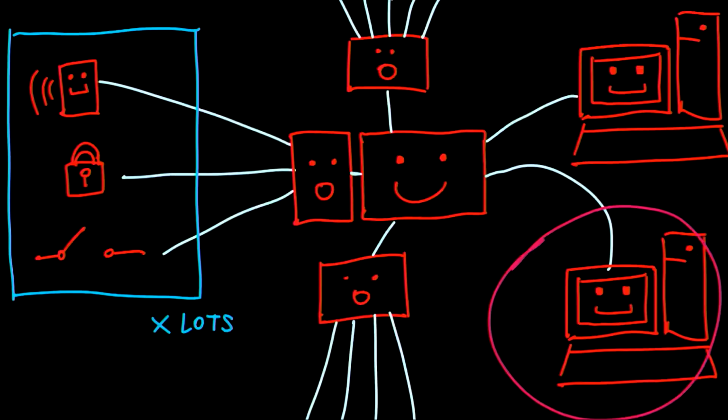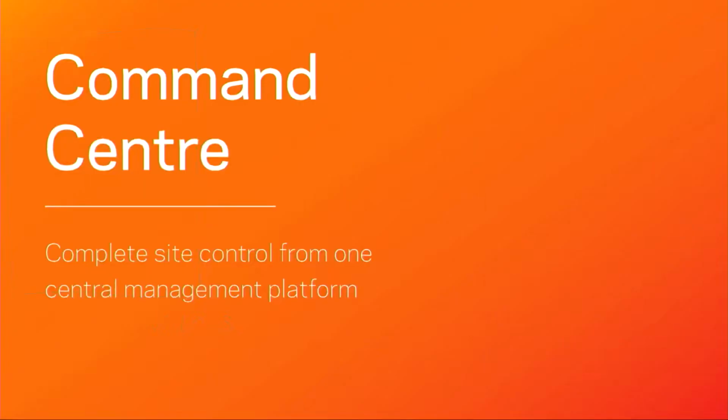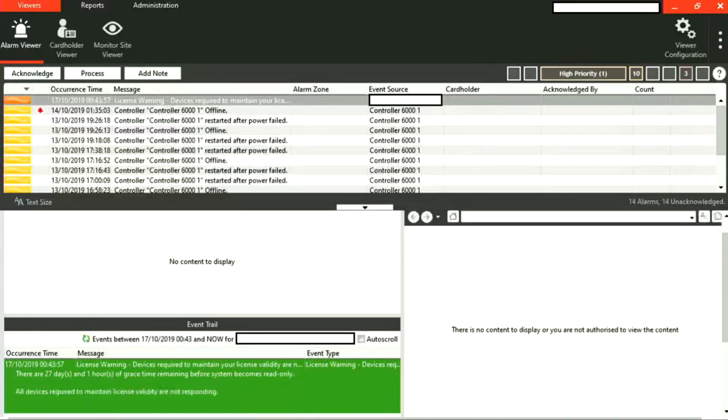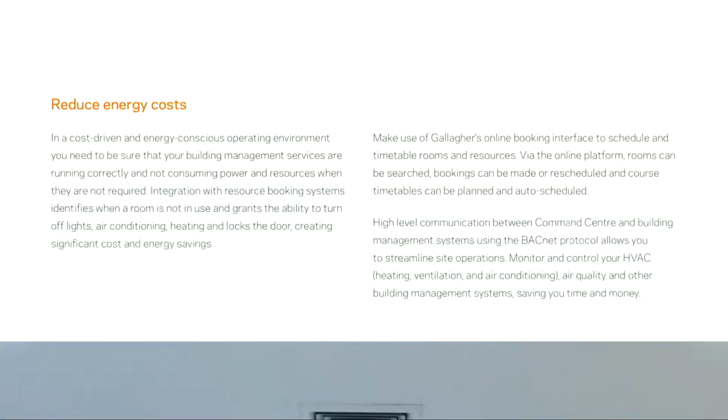Okay, and then the officer PC, for lack of a better name, the monitoring PC, takes the form of Command Center of Gallagher. I do have an installation at home. As you can see, the only events I ever get is that I've pulled out the controller and plugged it back in again because I'm trying to break something. So there's not much interesting to look at there, and Gallagher will probably be annoyed that I don't show a much more meaningful, interesting display. But this thing can do some pretty amazing things.